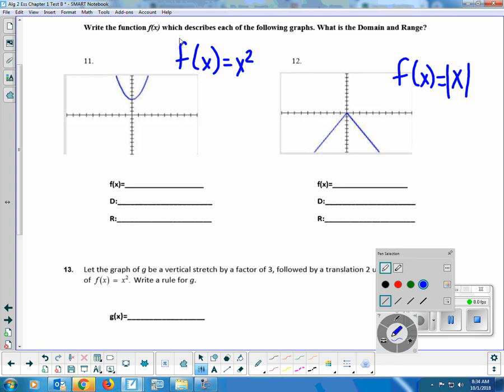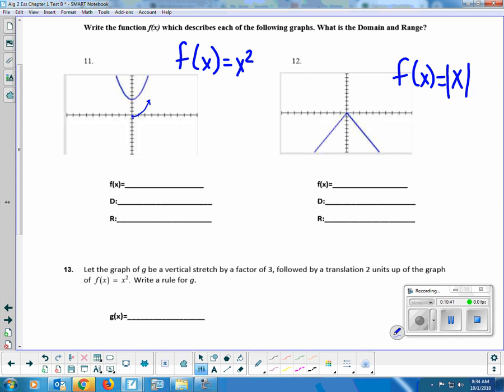I think it's hard to tell the width, so I'm going to assume it's not a stretch. It simply moved from its parent position at 0, 0, up 1, 2, 3, 4. Up and down is changing the k on the outside. So I'm taking the parent function and adding 4. There's the new equation. Domain and range.